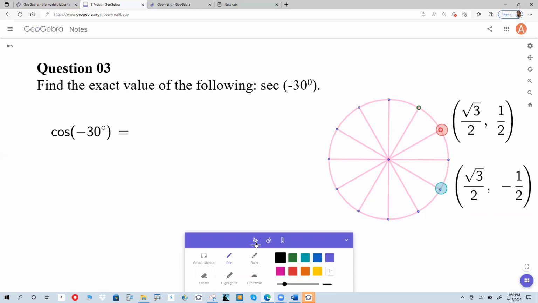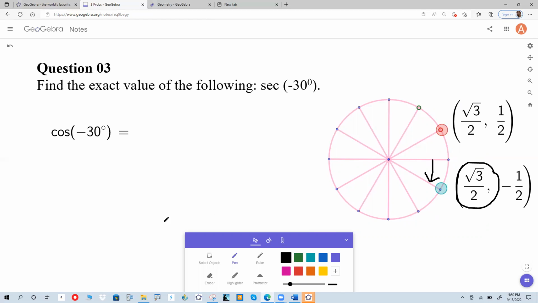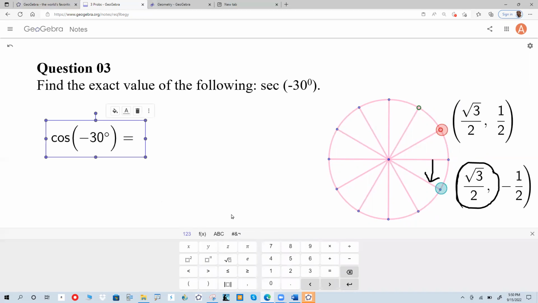And once again, negative 30 degrees is this way. And cosine negative 30 degrees has to be the x coordinate. And yes, it's positive. And signs do matter. You want to make sure you put the right sign, otherwise you're going to lose some points.